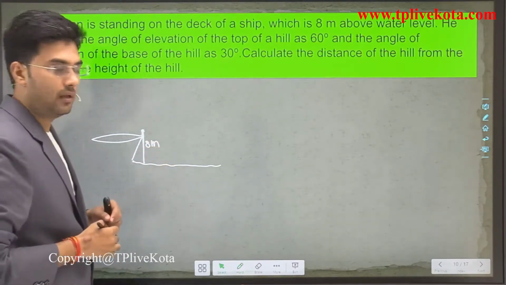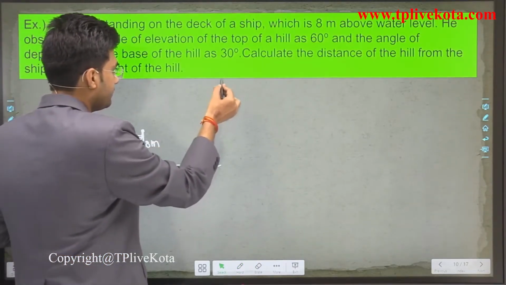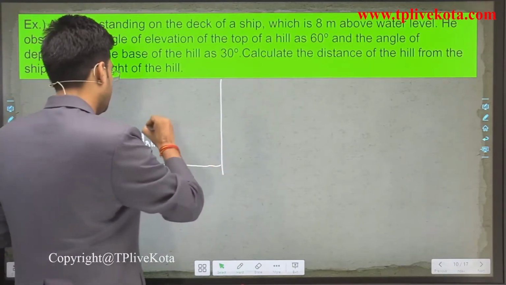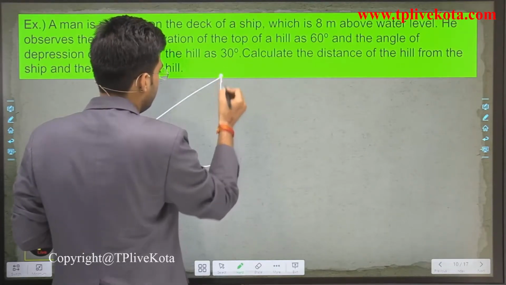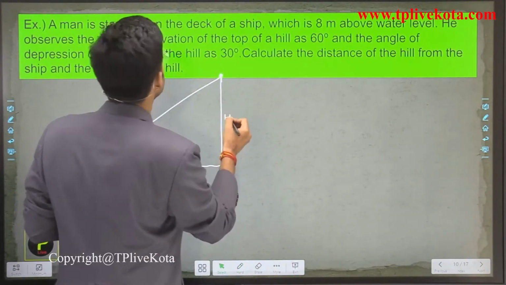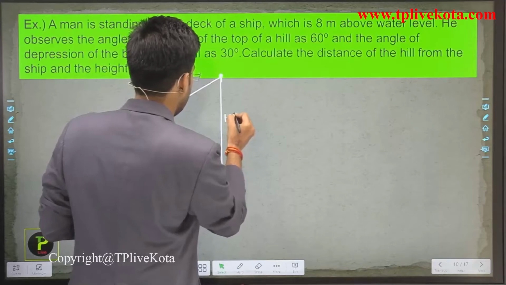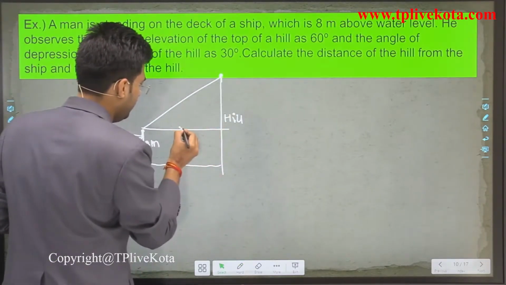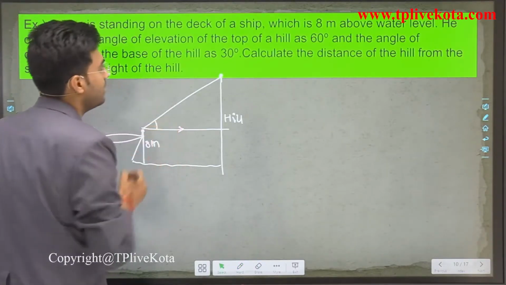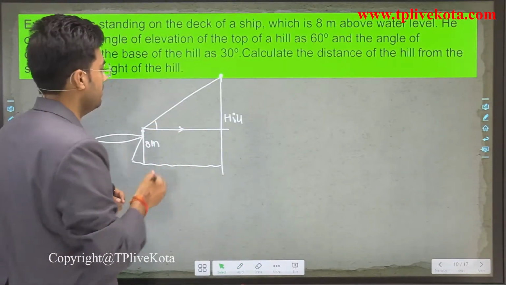It is given that the angle of elevation of the top of the hill, this is the hill, and this is the horizontal line. So this angle is 60 degree.